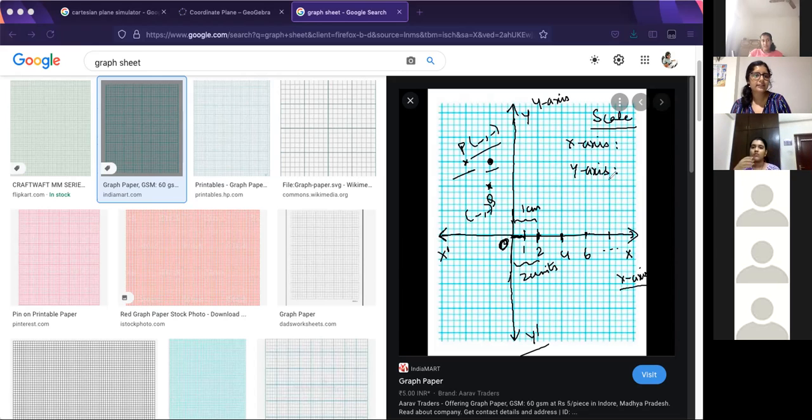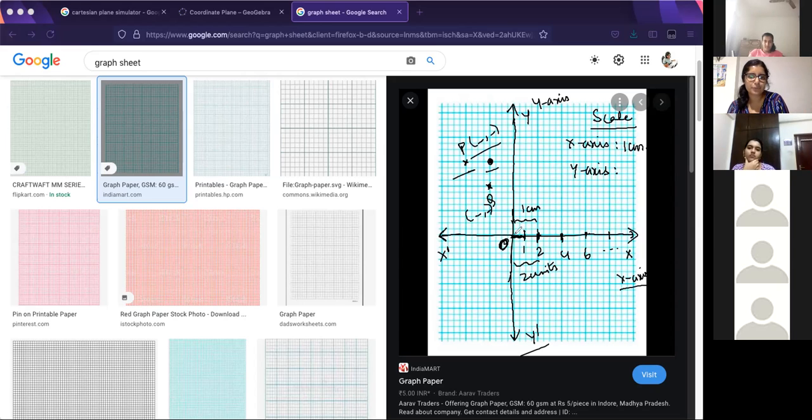The way you write the scale, graph sheet हमेशा centimeters में ही होगा, right? I told you each box is 1 centimeter. So you need to inform whoever is reading the graph 1 centimeter equal to how much you took it as. So if it is the way it is here, then 1 centimeter equal to 2 units.